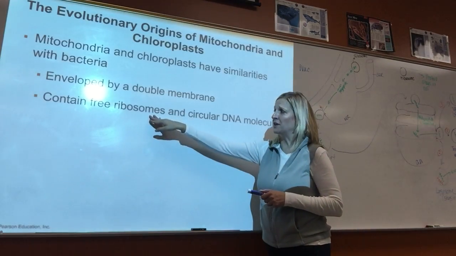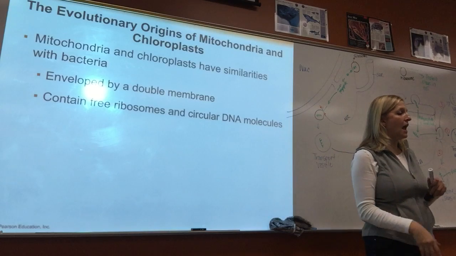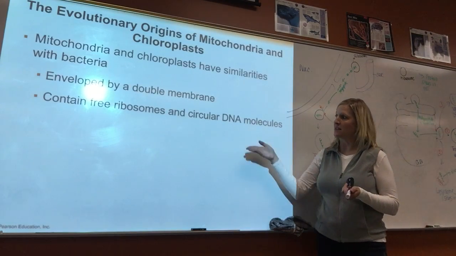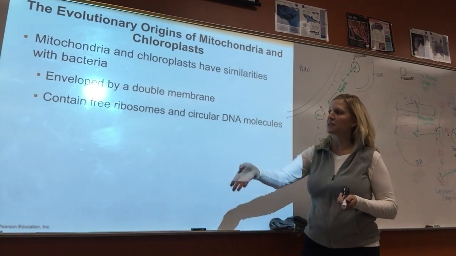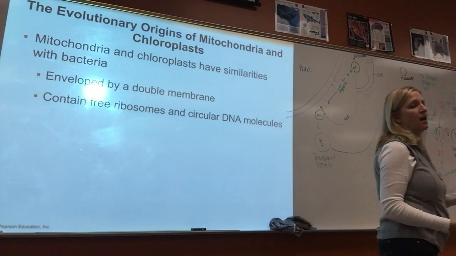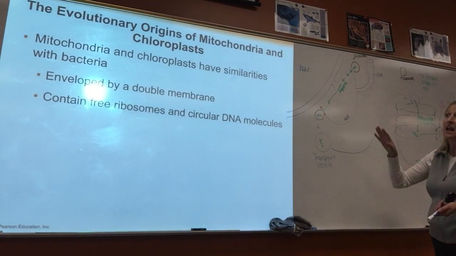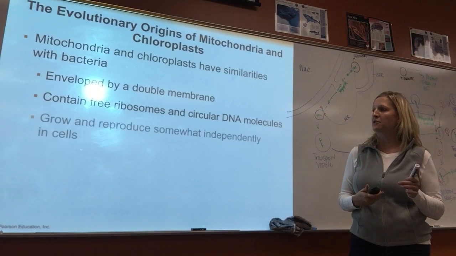Bacteria don't have any other organelles. They just have DNA and ribosomes and then the cytoplasm. And the thing is they have everything that they need, because DNA contains instructions to make proteins. Proteins are made at the ribosome, so they can make their proteins, so they have all their enzymes and so on, and so they can live just fine. And so mitochondria and chloroplasts actually have that same thing that the bacteria do.